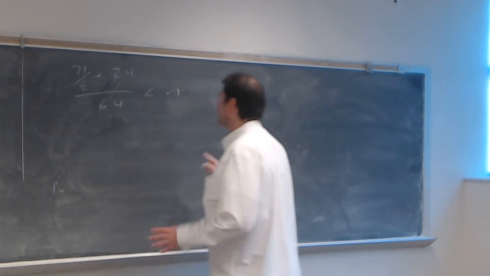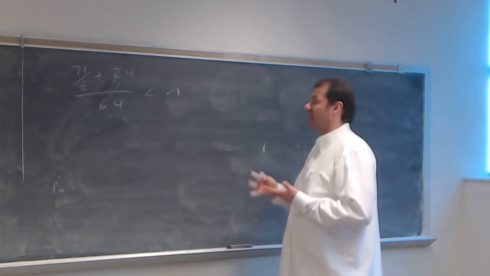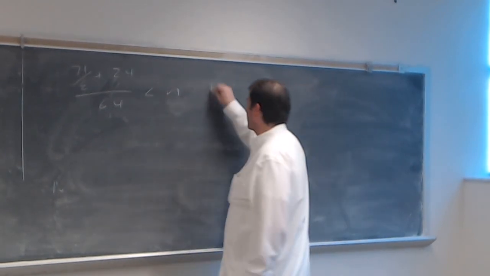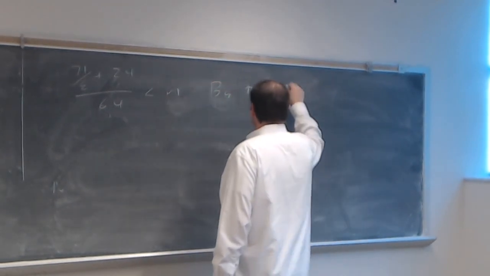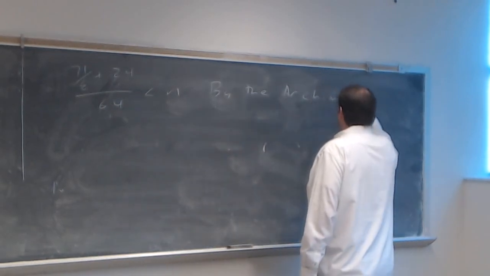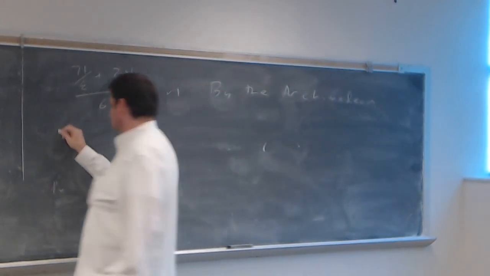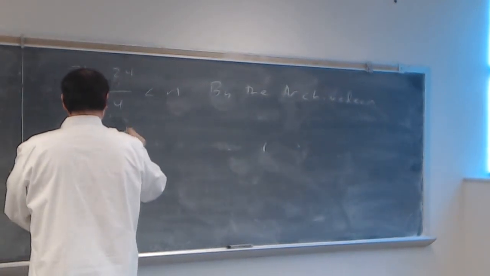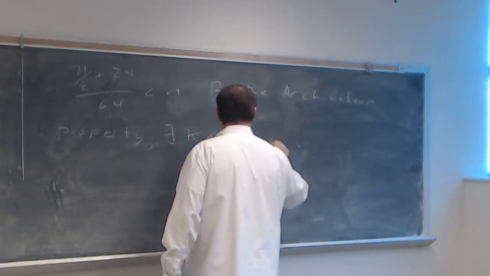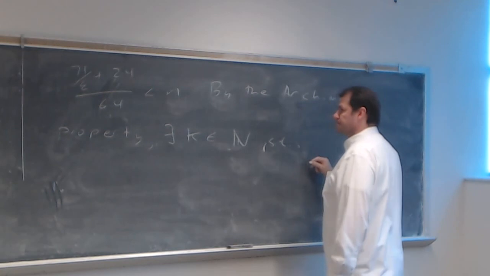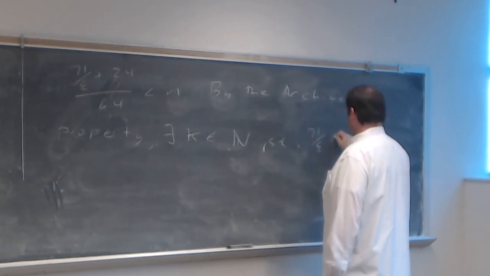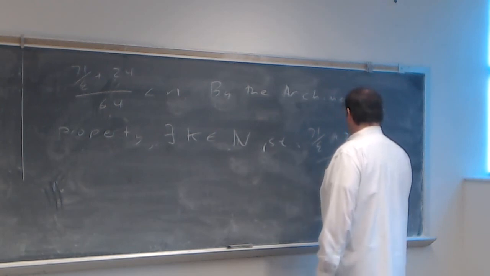How do I know that there's a natural number that satisfies this inequality? Archimedes property. That's right, the Archimedes property, which says the natural numbers aren't bounded above. There exists a k in the natural numbers such that (71 over epsilon plus 24) all over 64 is less than k.